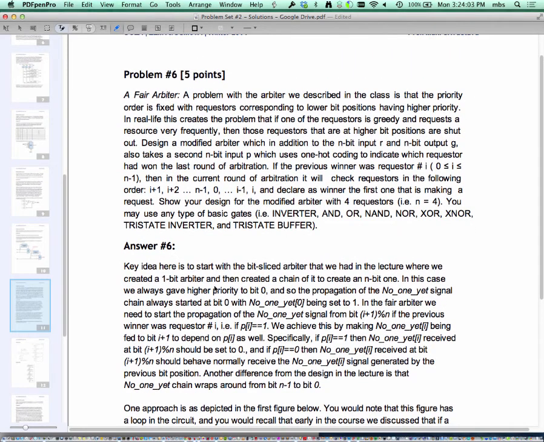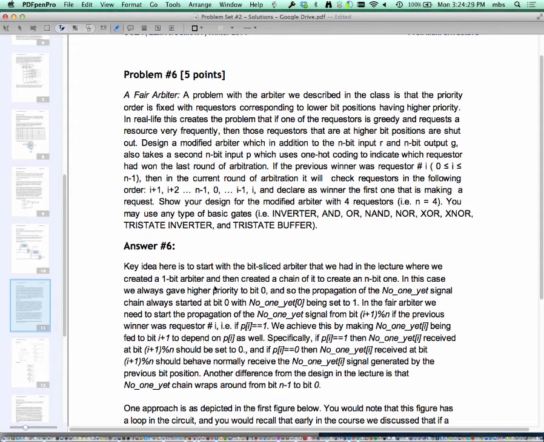Okay, so 6 is a fair arbiter problem. By the way, I didn't expect you to write all of this. This is just so that you understand my solution. I sort of took the time to write some explanation. So the problem we have with the fair arbiter is the following. In our original arbiter, we had a circuit which would always start from bit position 0.